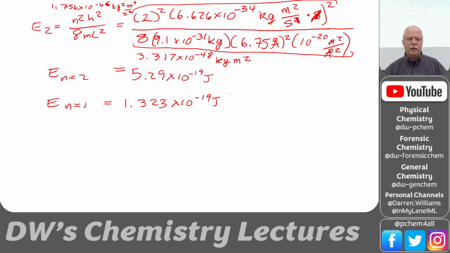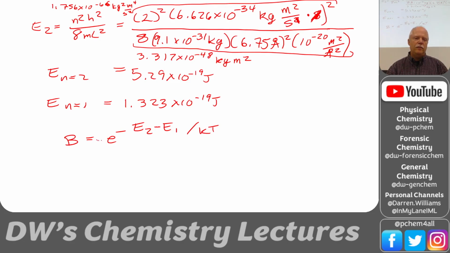For the Boltzmann factor then, over kT. We're dealing with singly degenerate energy levels in the particle in a box, so there's no change in the degeneracy all the way up.